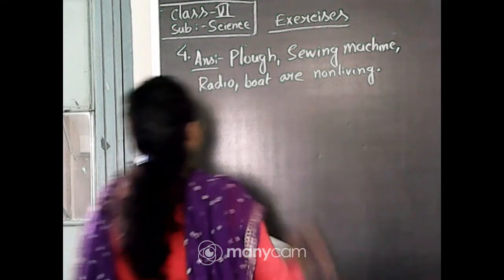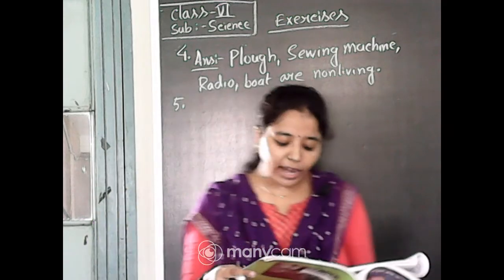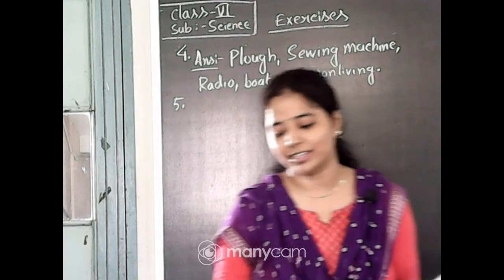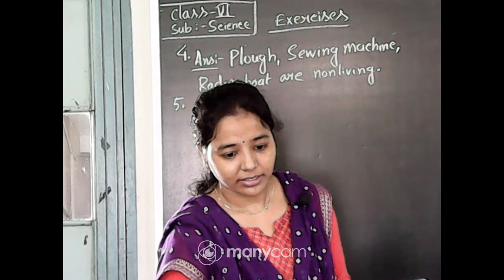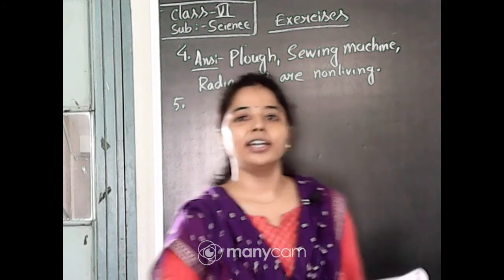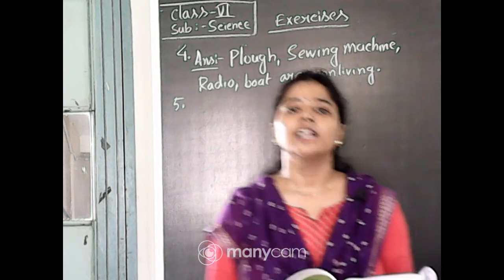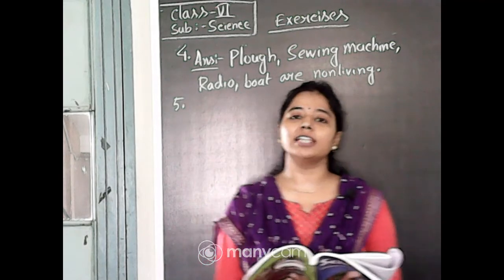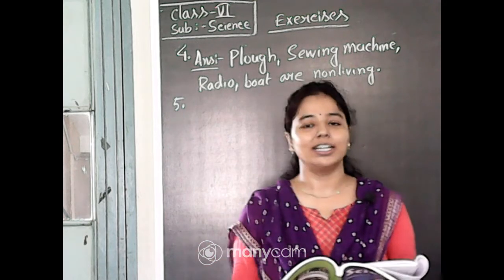Next question: give one example of non-living things which show any 2 characteristics of living things. This is a very good question. There are some non-living things which show characteristics of living things, such as clouds. They are non-living, but they can move from one place to another, and they also grow in size like living things.